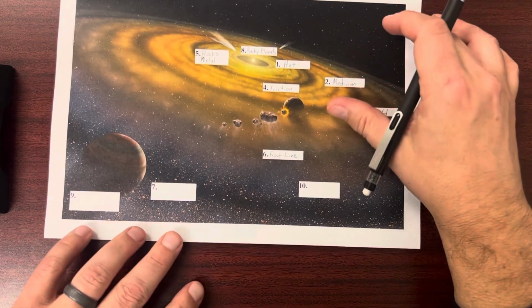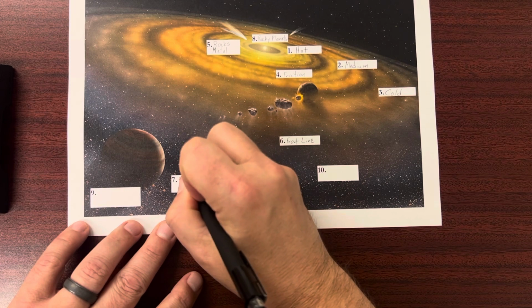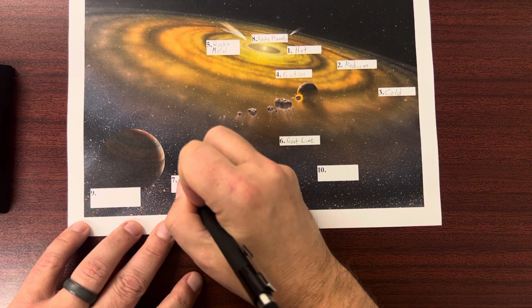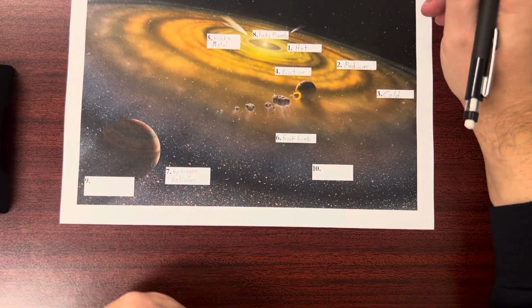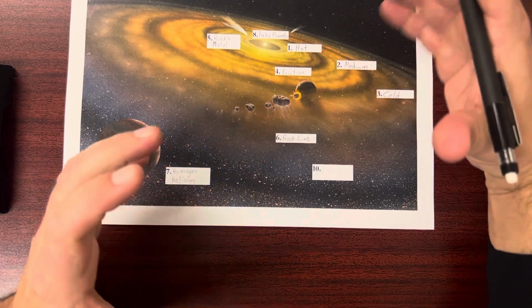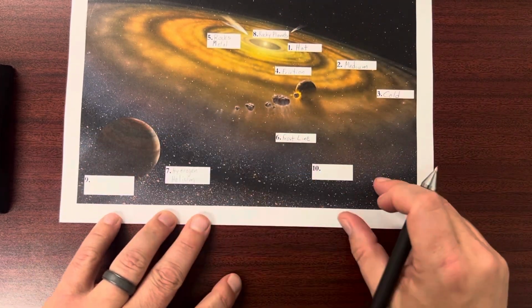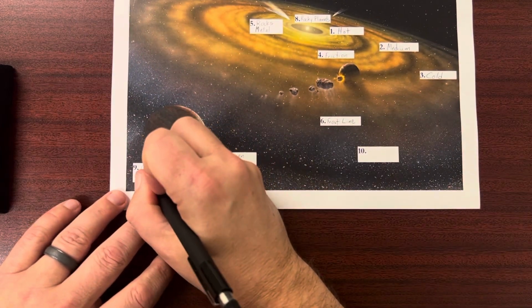And what we get are things like hydrogen gases, helium, and some of the lighter volatile gases can now start coming together and solidifying, because it's cold enough out here for that to happen. And those gases will eventually form our gas giants.